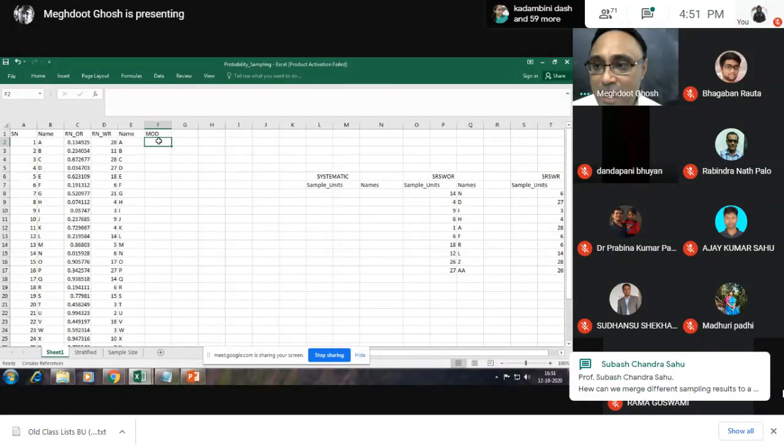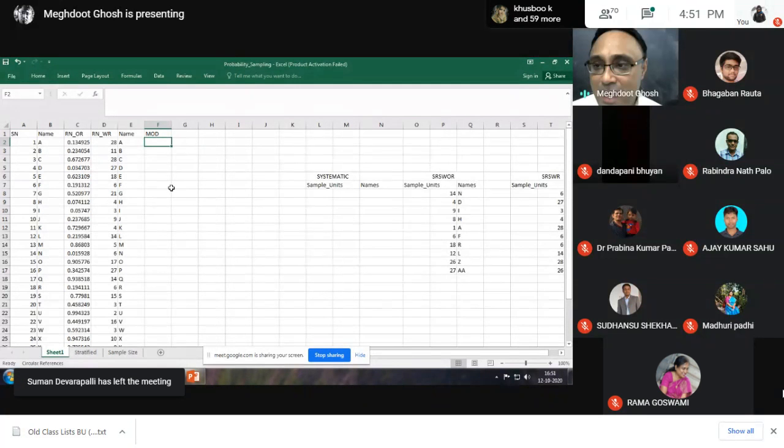Now how am I going to select this mod? See, first you select the interval. How many samples do you need? You need 10 samples. What is the population size? The population size is 30. So if you divide it, you will get 3. So your interval will be 3.